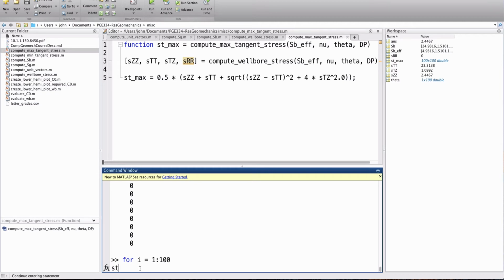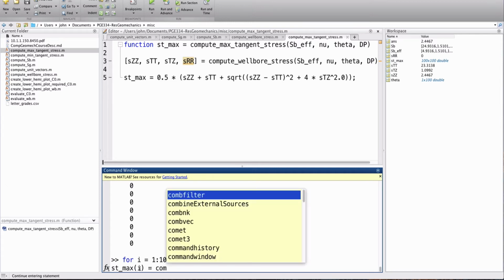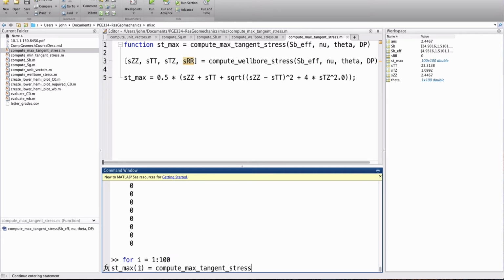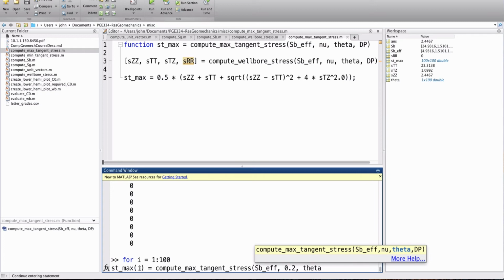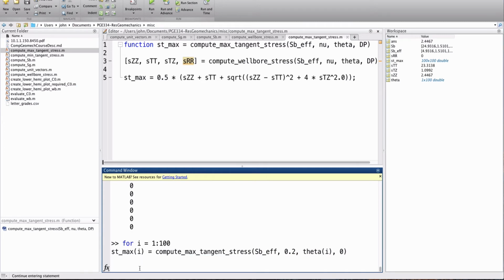And then ST max I is equal to compute max tangential stress SB effective, 0.2, theta I, 0, end.